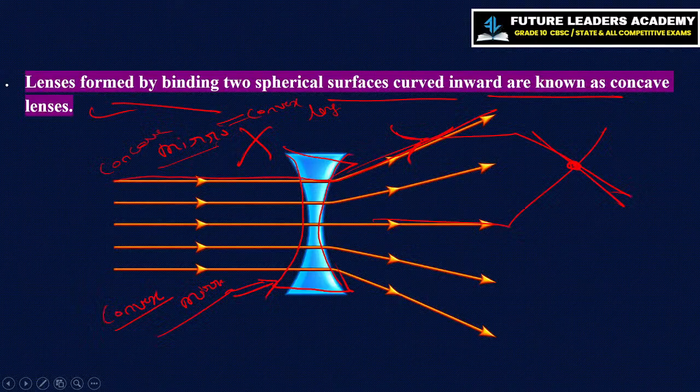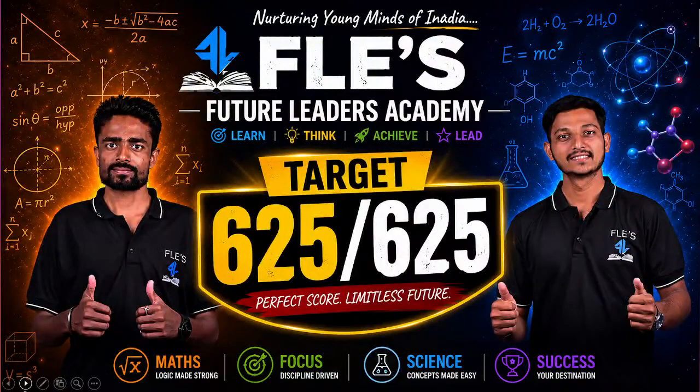Clear? Yes, everyone. So okay, this is what everybody knows, that we are repeating in every class: that is 625 out of 625 you have to score in the board exams, your state boards.